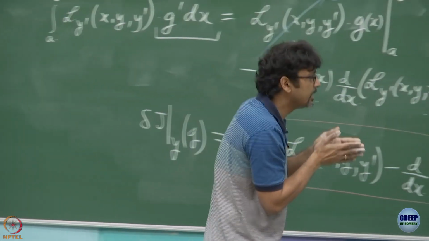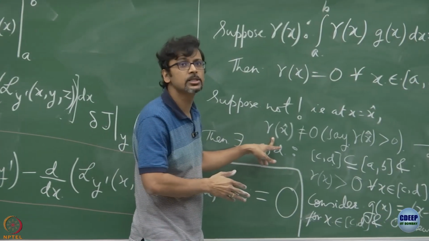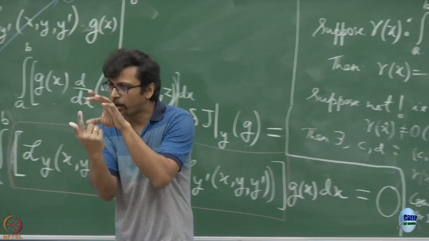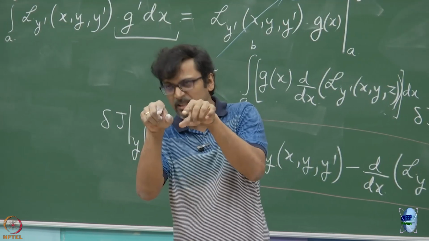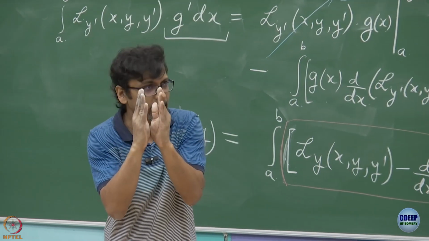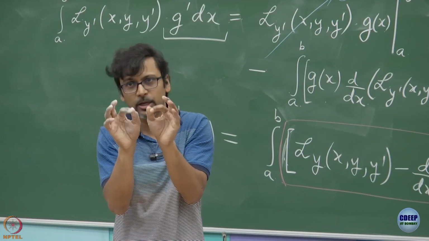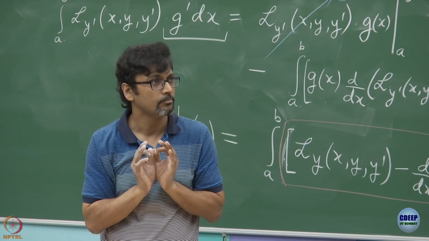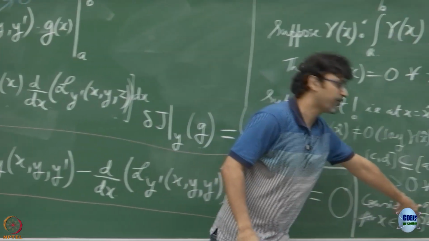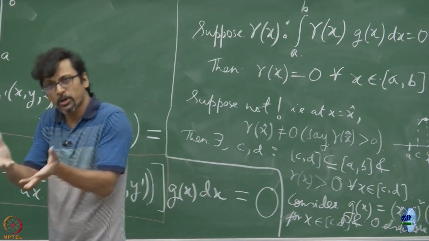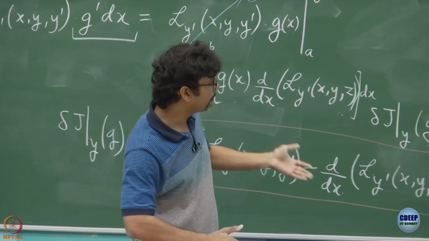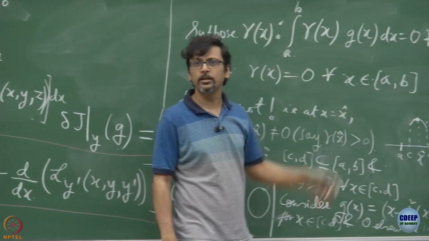And I have already seen that gamma by my choice lights up at some point x hat in the interval c to d, and therefore no matter how small that interval might be, at least in that small interval, it assumes only positive values. So a positive value being multiplied by g of x in that interval is going to lead to a positive integrand, right? So therefore this integration cannot vanish.